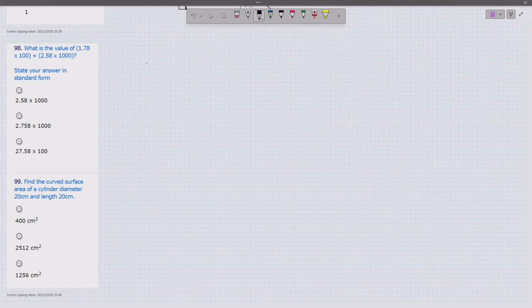What is the value of 1.78 times 100 plus 2.58 times 1000? So you can decide to expand the values. So you get 1.78 times 100 is 178, plus 2.58 times 1000, you get 2580.